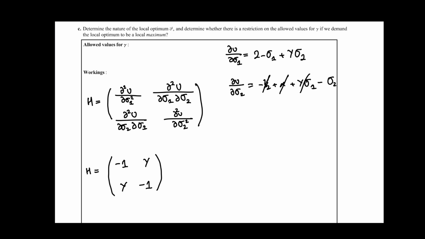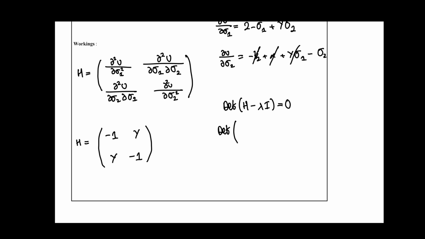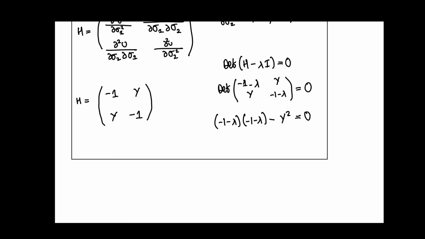To determine the nature of the local optimum, we need to find the eigenvalues of this Hessian. To do that, we have to use the characteristic equation, which is that the determinant of H, for Hessian, minus lambda I is equal to 0. So the determinant of the matrix: (minus 1 minus lambda)(minus 1 minus lambda) minus y squared would be our characteristic equation.